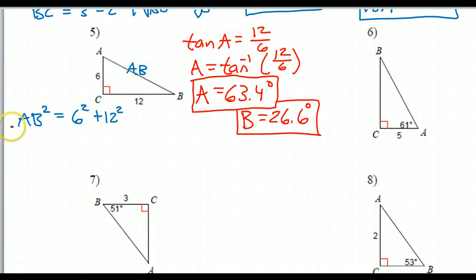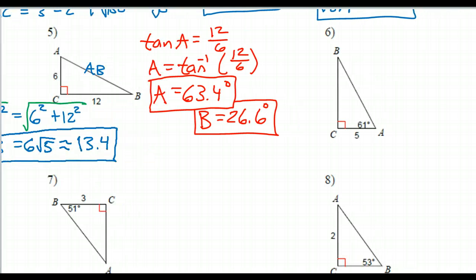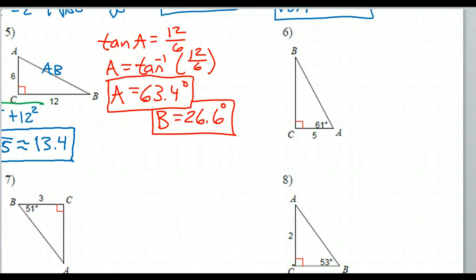If I take the square root of both sides, and again I can just put this whole expression right in my calculator, that's going to give me AB equals 6 radical 5, which if I need a decimal is 13.4. Okay, so that's number 5. Let's look at number 6.